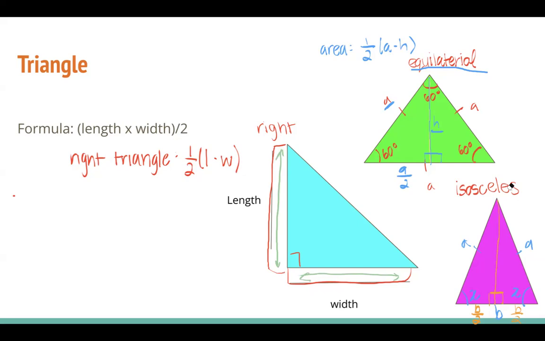Okay. Could you go over it one more time so I can make sure? Okay, so for a right triangle, you do the length, which is this side, times the width, and then you take 1/2 of that. So it'd be this formula over here. Does that make sense?